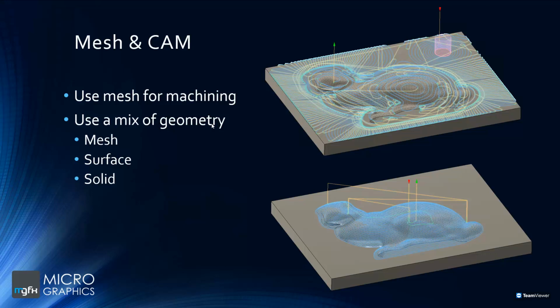So if you purely want to take your scan and just create a duplicate, machine a duplicate from that scan, then you can create that directly from the scan. No need to model up any other information. So what we can see here is a block. In this case, I sketched and created a solid block and then took the mesh of that rabbit and scaled it.